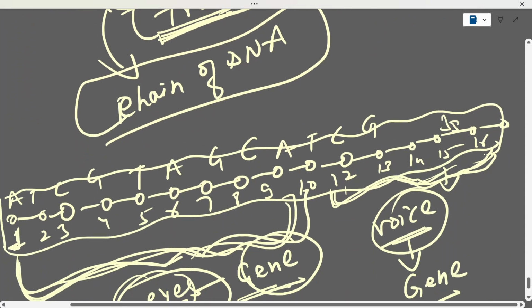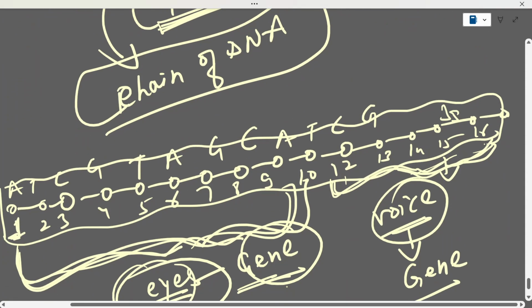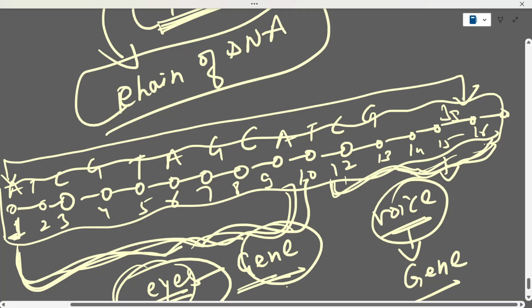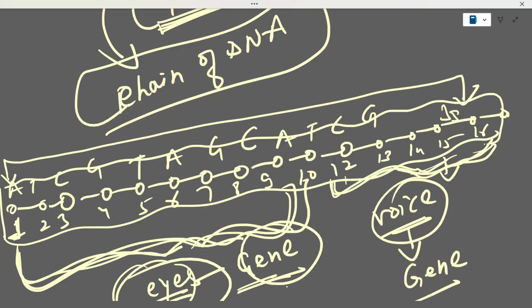And if you unwind DNA, it will only be a long chain of repetitive units. And even if you want to see it, no other structure, no other pattern will be visible. All you will be seeing is a repetition of ATCG, TAGC, ATCG, TAGC, which by itself means nothing.